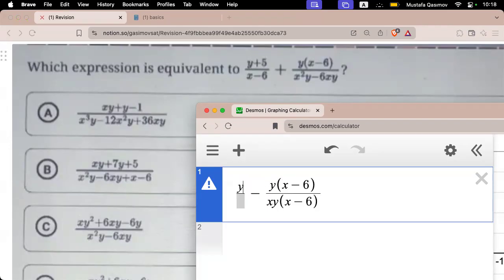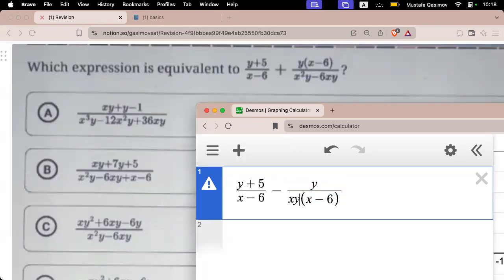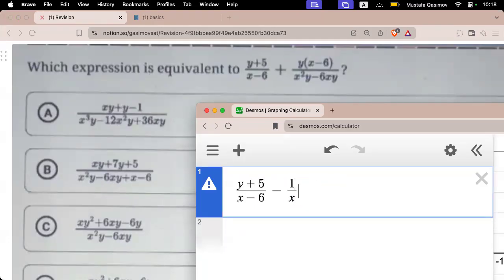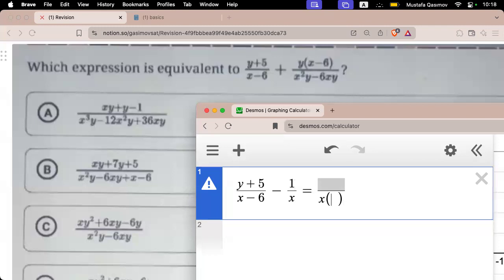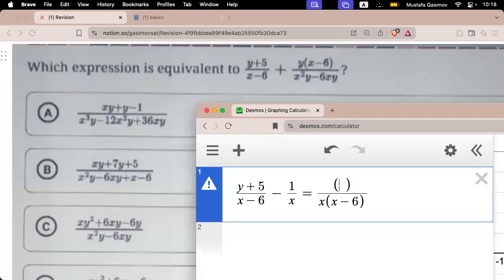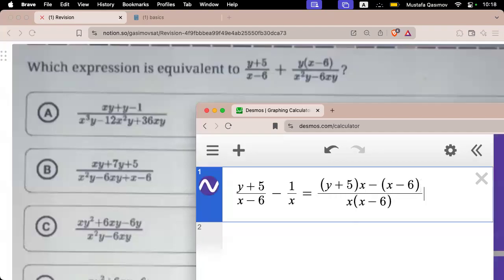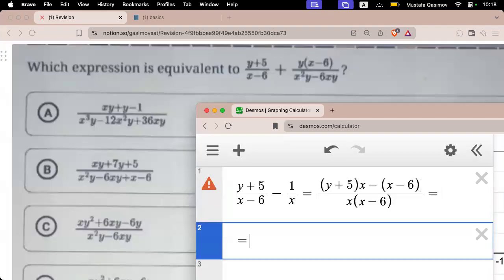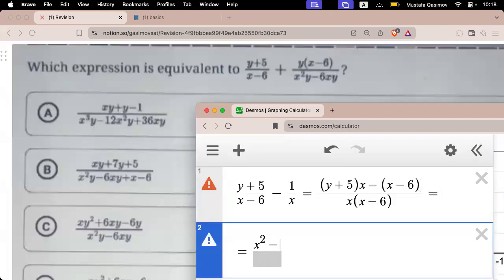And it will be y plus 5 and x minus 6. Then we can eliminate that part and then we can eliminate that part. It will be like this. Then you can write it like x multiplied by x minus 6 with power of y plus 5 multiplied by x minus 6. Then you need to do simplification here. It will be x squared minus 6x.